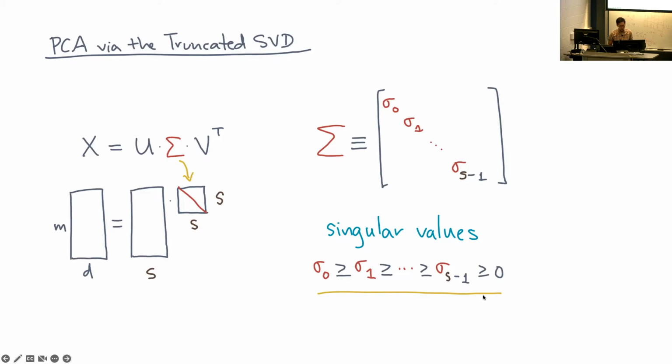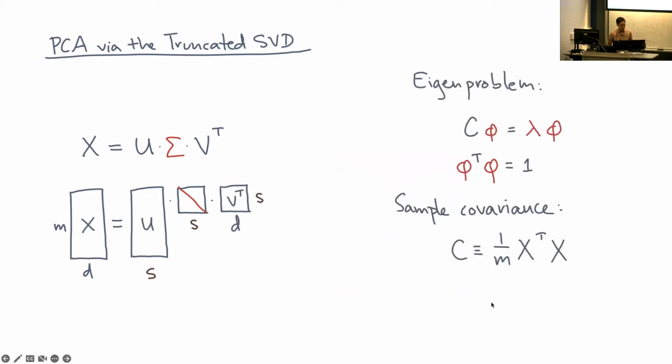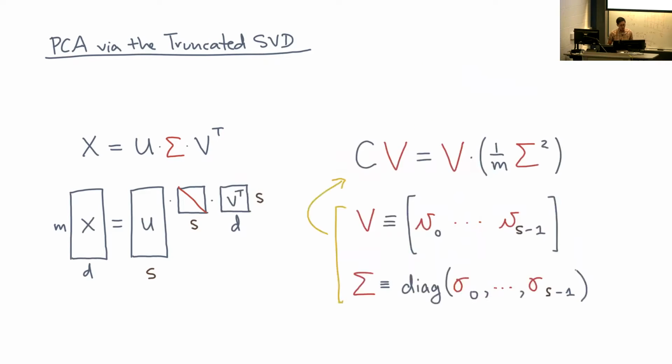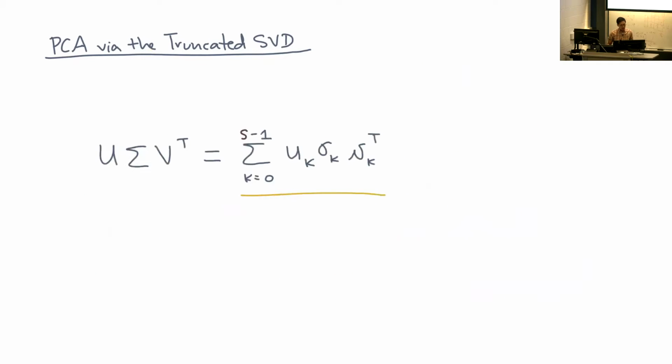So if I take strictly positive singular values, then the number of singular values will turn out to be the rank of the original matrix.